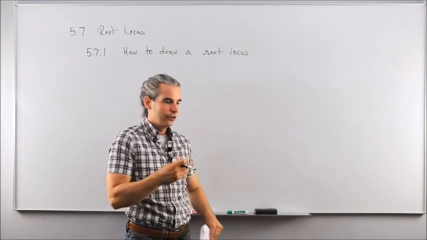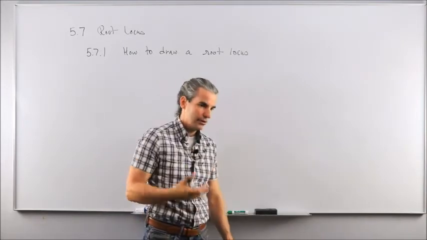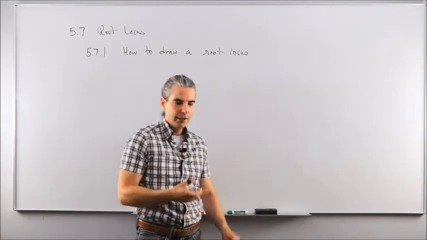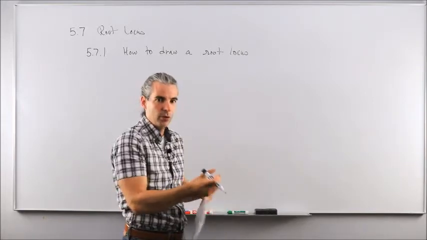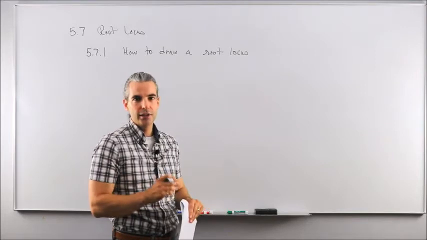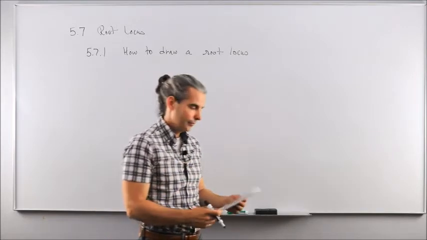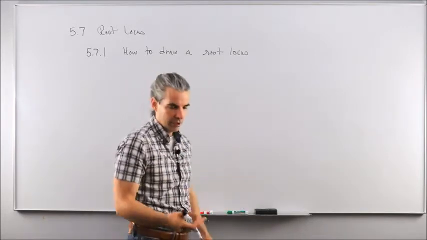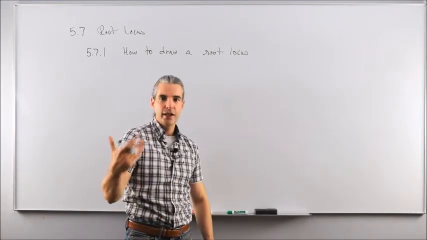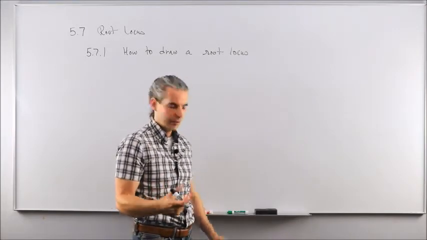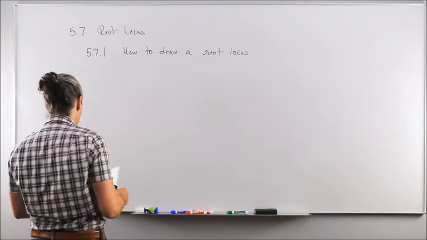And for that, we'll need to add additional zeros and additional poles to the root locus that will bend and move the poles around and bend the branches in exactly the way we want. And that will lead us to talk about phase lag and phase lead compensators. Okay? But one thing at a time.